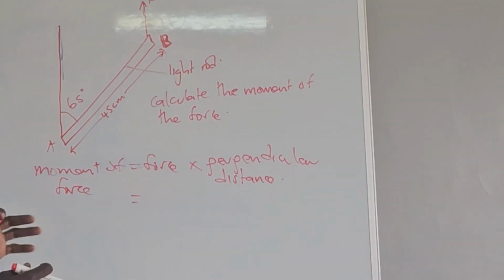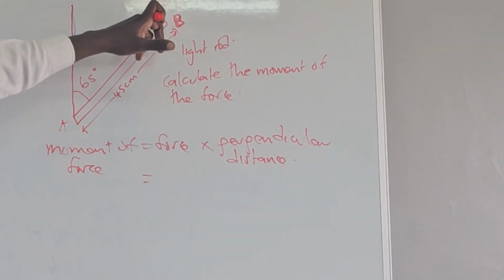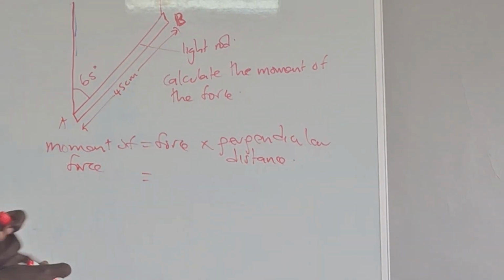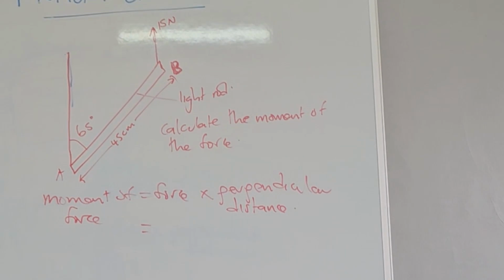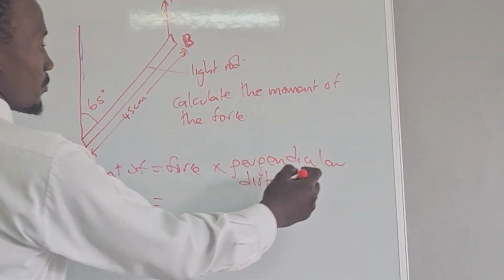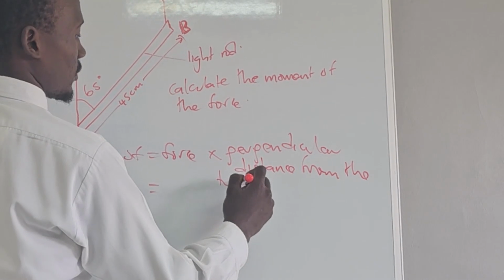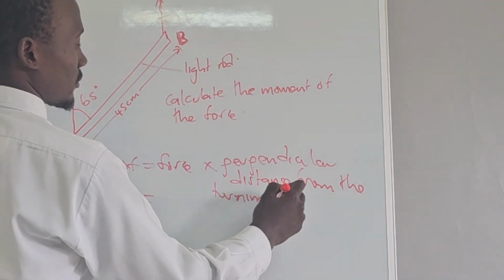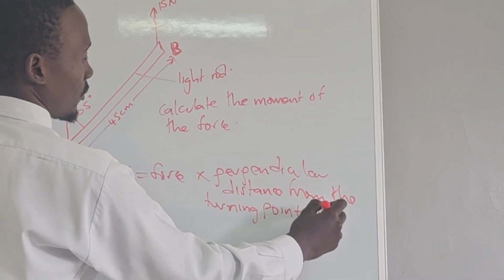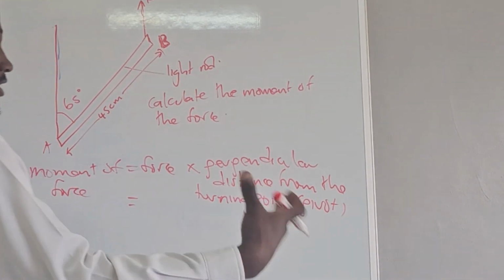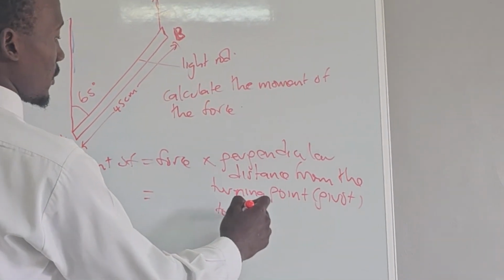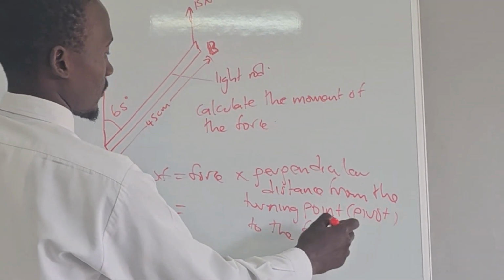And in this case, our force is 15 newtons. And now we need to find the perpendicular distance from the turning point or the pivot, or the point where we are experiencing the turning, to the force.